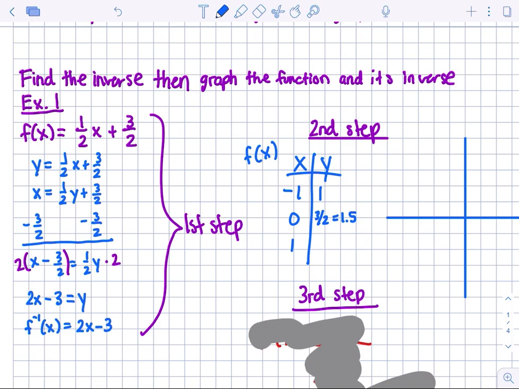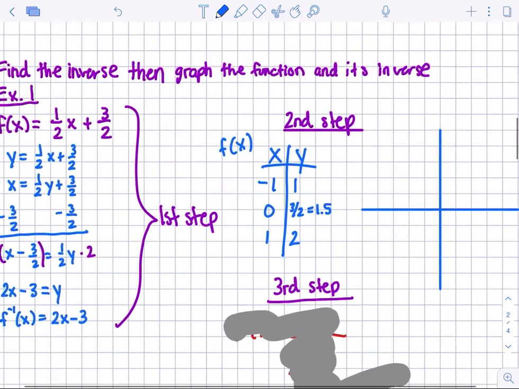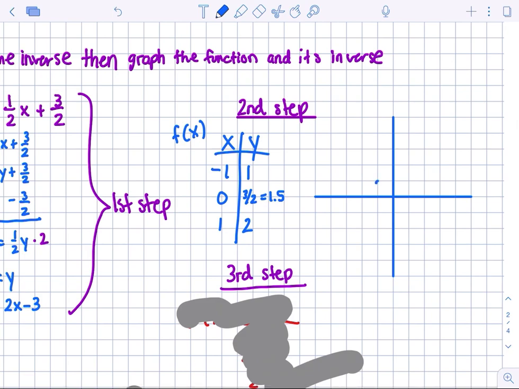And if you plug in 1 into x, 1 times 1/2 is 1/2. 1/2 plus 3/2 is 4/2, and 4/2 is 2. So now we're going to go plot this. -1, 1. 0, 3/2, which is like 1.5. And 1, 2, which is that. And then we graph this.